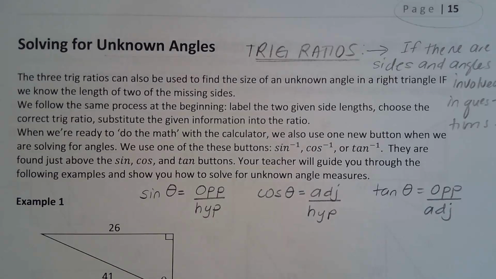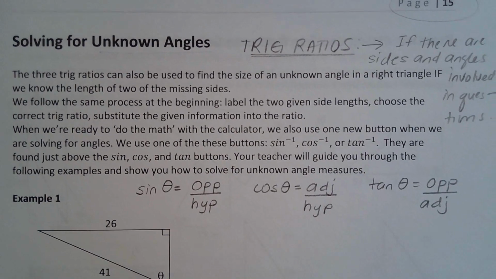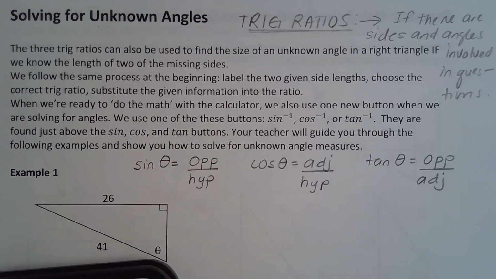Now, before we dive in there, let's take a look at our calculator first. We're gonna see if we could do some calculator stuff first, okay? We're going to do a little bit of an activity on our calculator.